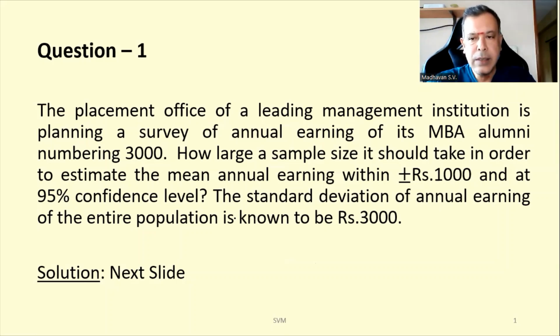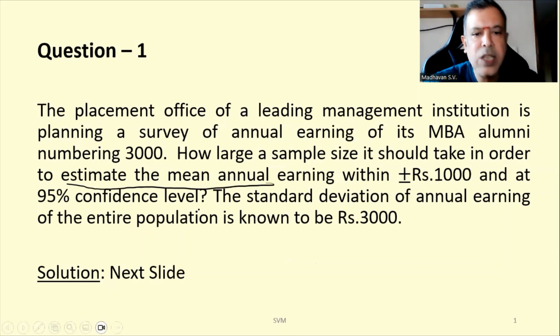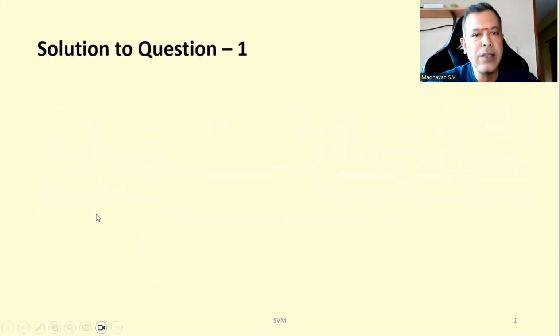Since it is in order to estimate the mean, it is actually talking about mean annual earning, which means the population mean is being estimated.